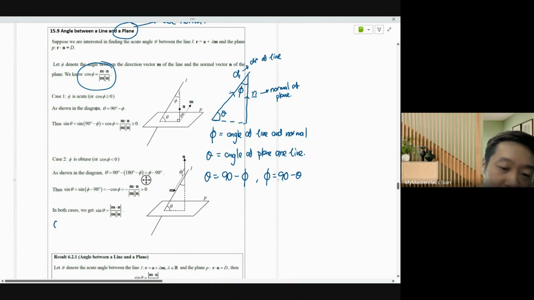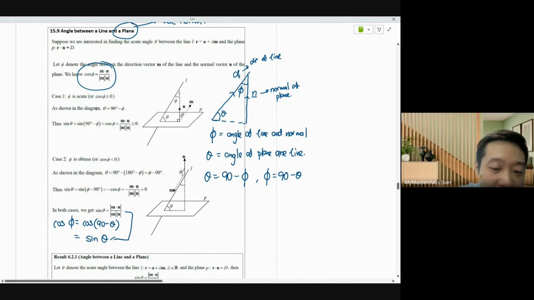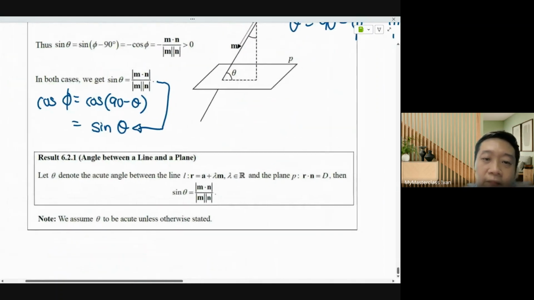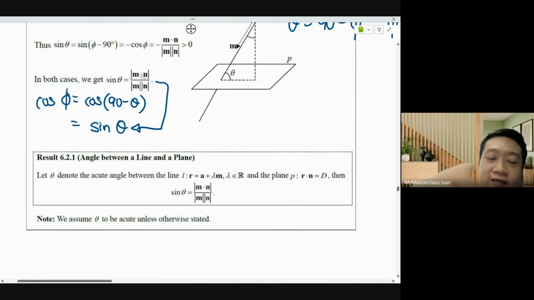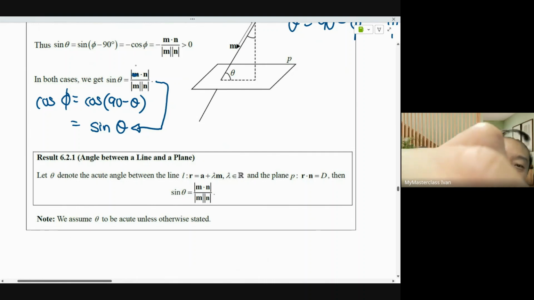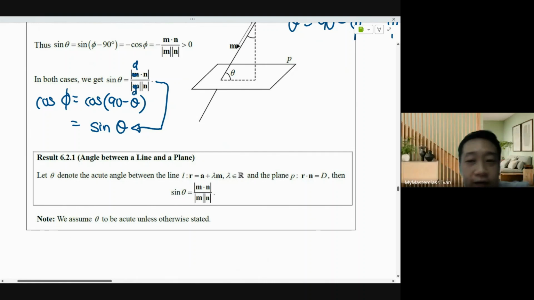So write down cosine phi equals cosine of 90 minus theta, and cosine of 90 minus theta is equal to sine theta. So that's why the formula is, in this case, M is D. Clean the M and put D. So the direction of the line, direction dot normal over magnitude of direction, magnitude of normal.